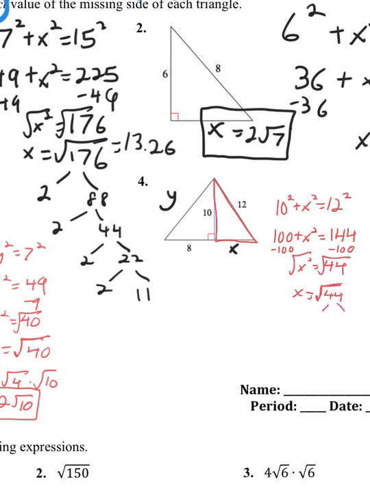And now I can break that down. I can divide by 2 and I get 22 left. Divide by 2 again, I get 11. So 2 times 2 times 11, that's the square root of 44. And I can see I have a couple 2's in there. So I can write this as 2 square root of 11. That's our x.